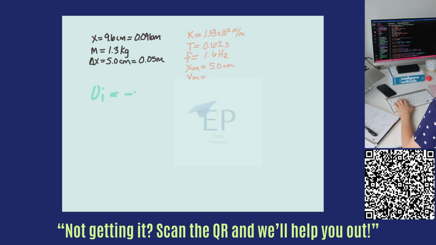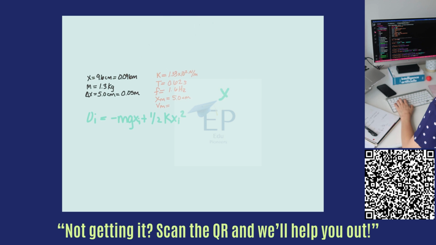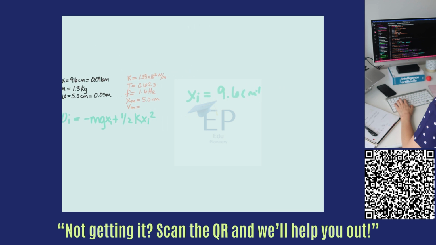We're going to take the equation negative mg x plus 1 half k x_i squared, and our x_i is our initial position. Initially, before it was pulled down, the block was at 9.6 centimeters, but then it was pulled an additional 5 centimeters.